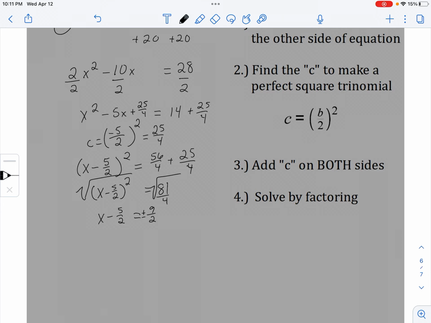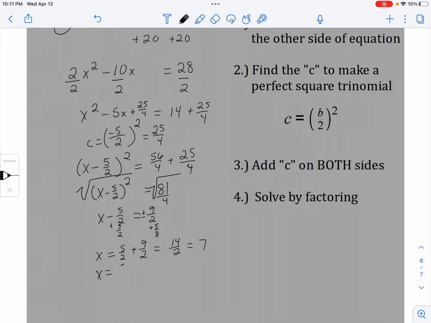Okay, so now that we have that, our last step to isolate x, we're going to add 5/2 to both sides. So let me bring that down. So x is equal to 5/2 plus 9/2, which is going to give us 14/2, which equals 7.